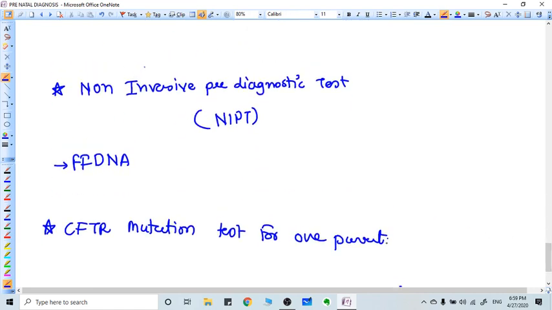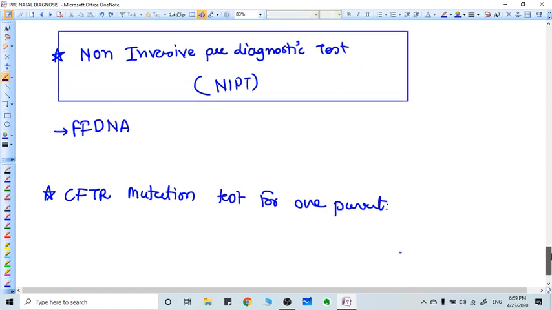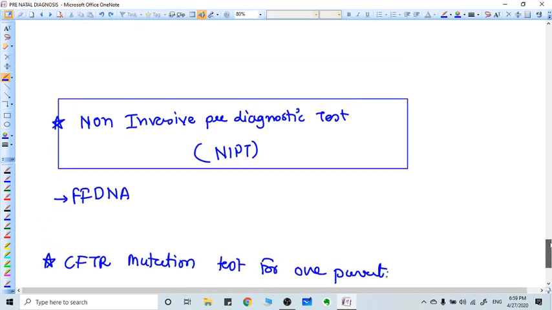Now the very important aspect of prenatal testing is this non-invasive prenatal diagnostic test. It's a very important test. What we do is take a blood sample of the mother and we find some fetal free floating DNA in the maternal serum and test it. So all the things we are doing with CVS and amniocentesis, we can do with this NIPT test.